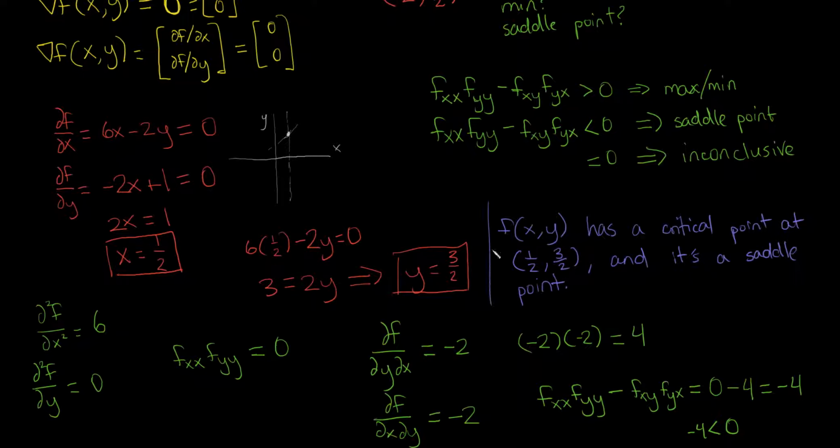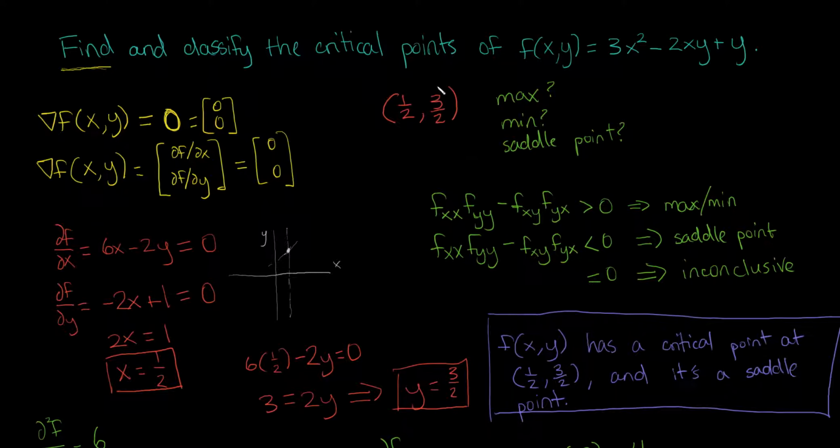This is one example of using the second partial derivative test to find and then classify the points of f of x, y equals 3x squared minus 2xy plus y.